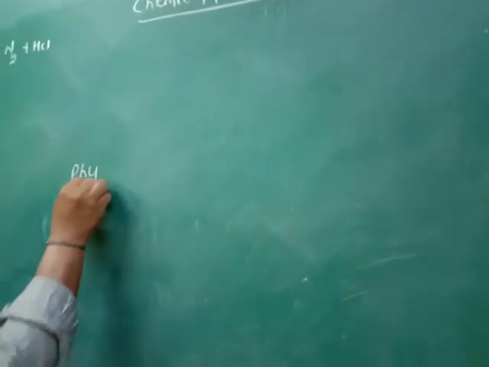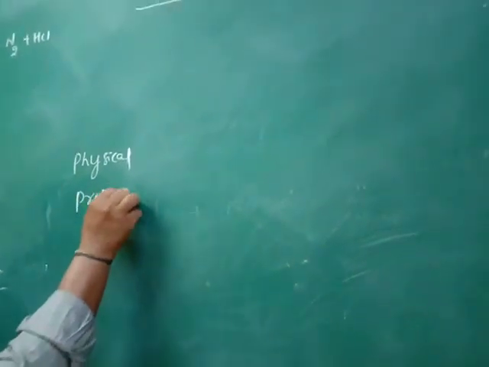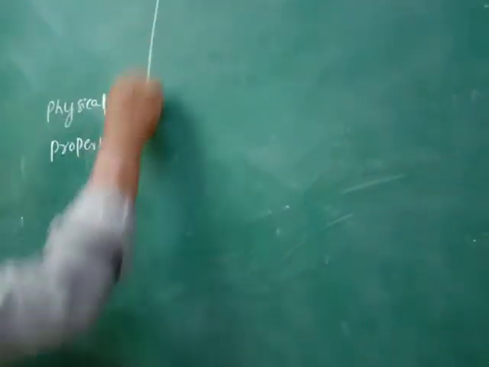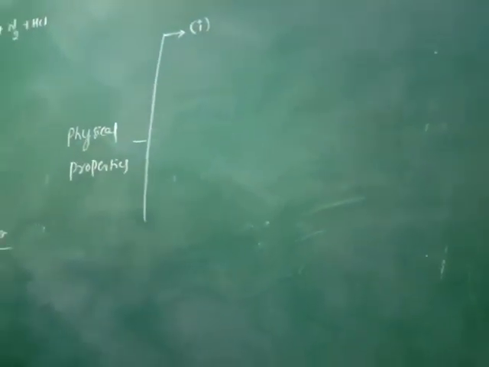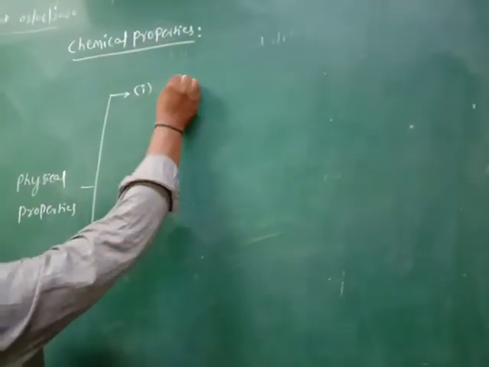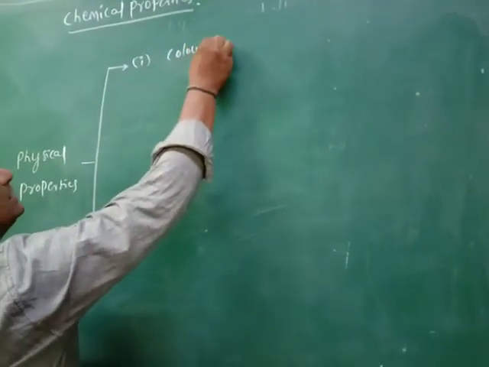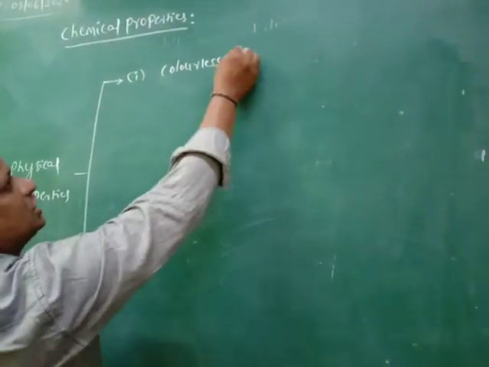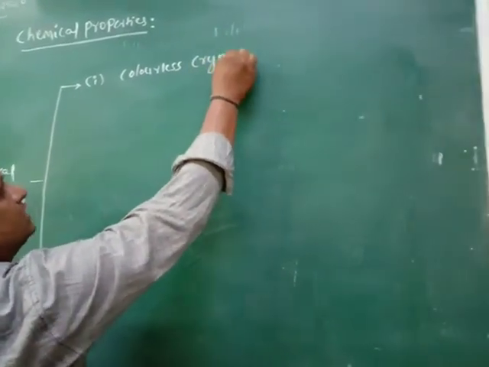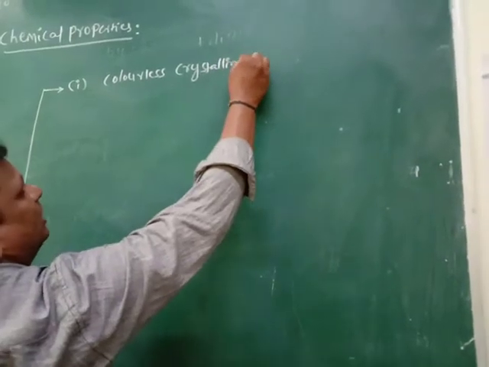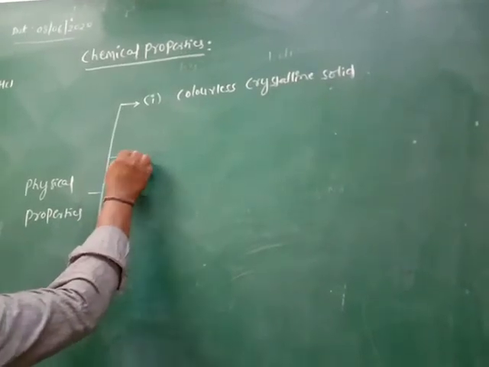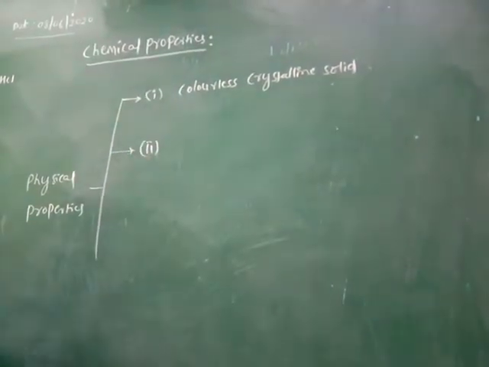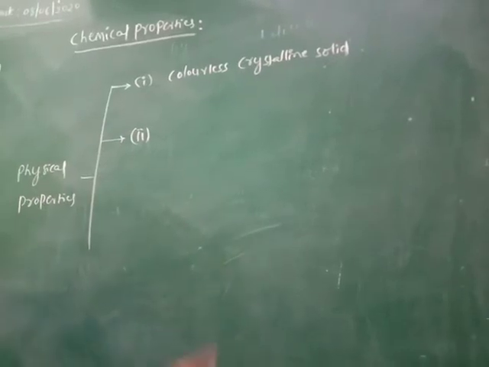The first physical property is that phenol is a colorless crystalline solid. Colorless crystalline solid.